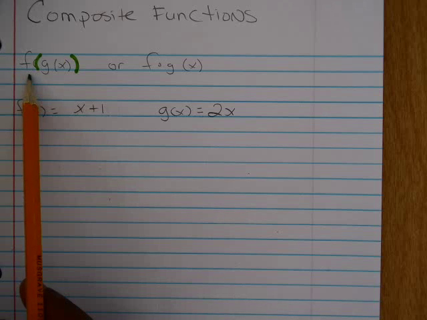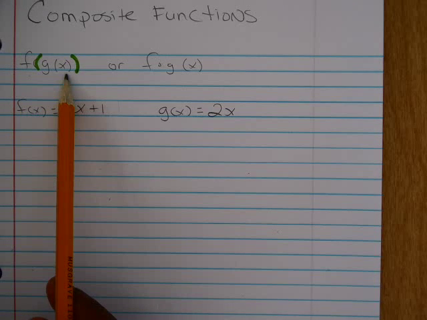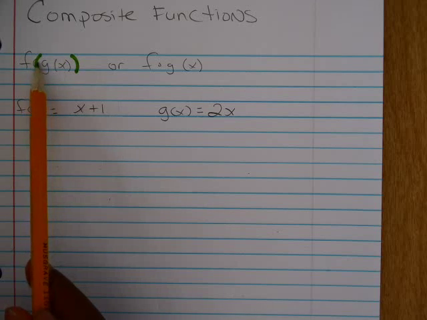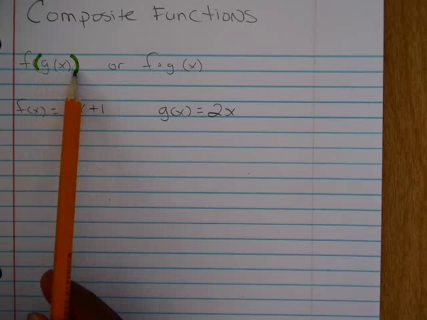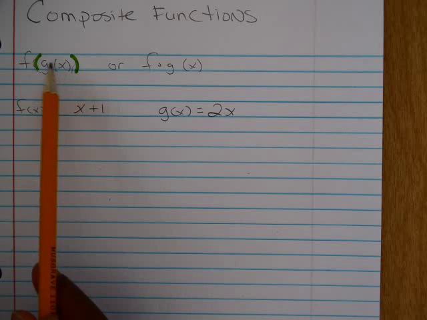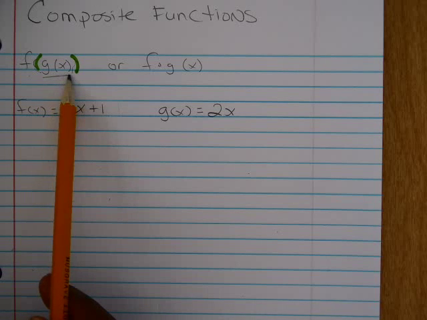Notice the way it's written, f of g of x, and I made the input to the function f green so you can focus and see that g of x serves as the input. This would be the input of the function.